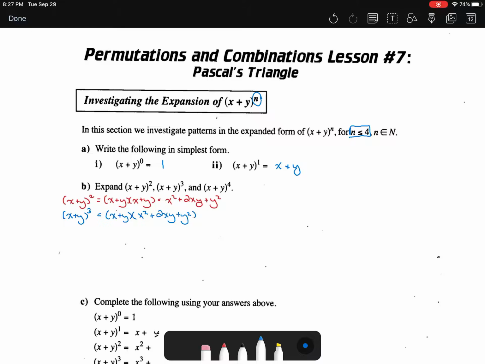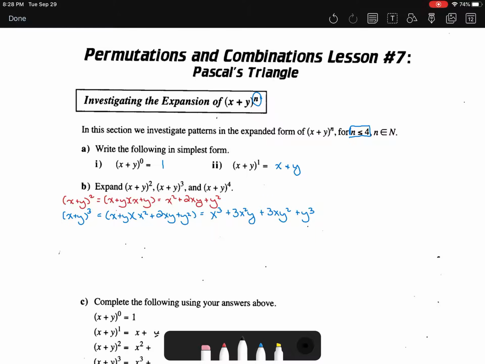So I'm going to take the x in the first binomial and distribute it to the x squared, the 2xy, and the y squared, and then take the y in the first binomial and distribute it as well to the x squared, 2xy, and y squared in the second bracket. Now, when I do that and I collect my like terms, I will end up with x cubed plus 3x squared y plus 3xy squared, and finally y cubed.